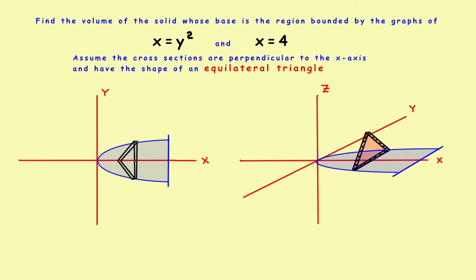Okay, and then I tend to just shade this a little bit just to remind me that it's not a plane, it's actually an object that has some thickness to it. And again, the thickness of this is going to be dx. So that's going to be the thickness of that triangle. Just like over here, the thickness was dx. So now, I've got step 1 finished, which was to draw the base. I've got step 2 finished, which is to draw a representative cross-section.